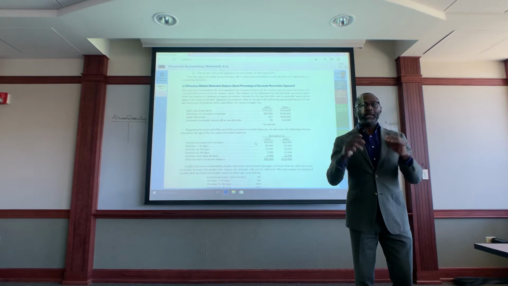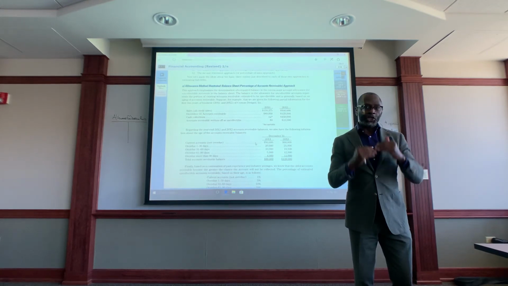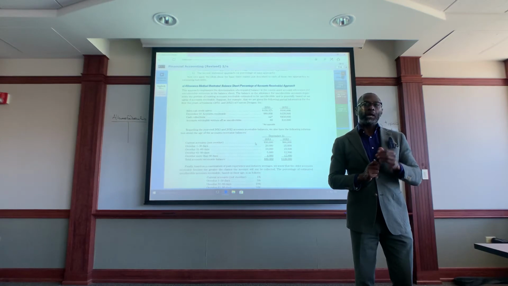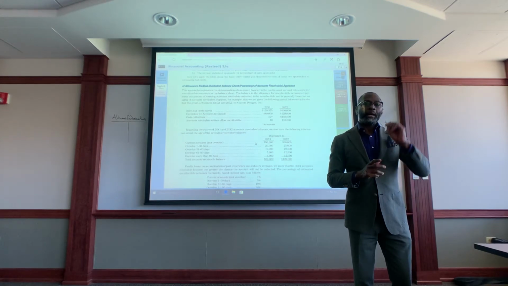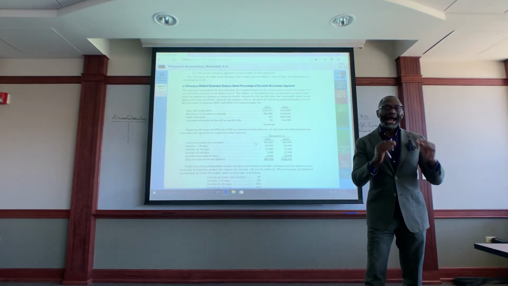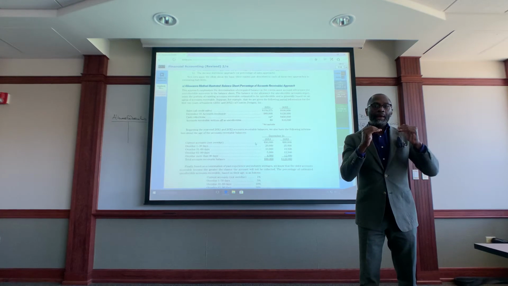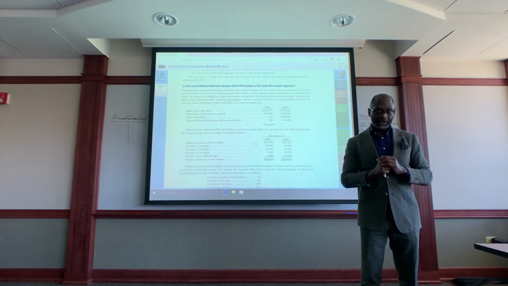The normal balance for an asset is a debit. Therefore, to reduce an asset, you credit it. The allowance for doubtful accounts, being a contra asset, will have a credit ending balance.